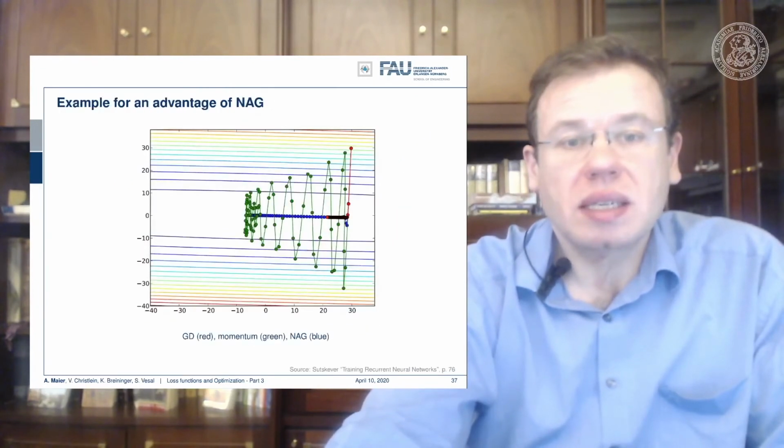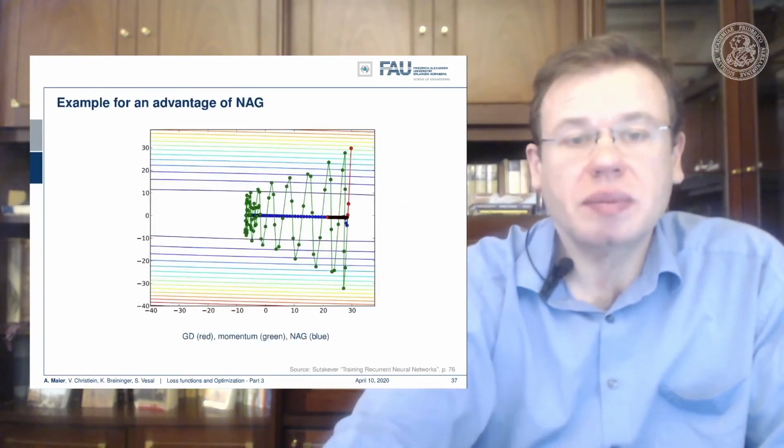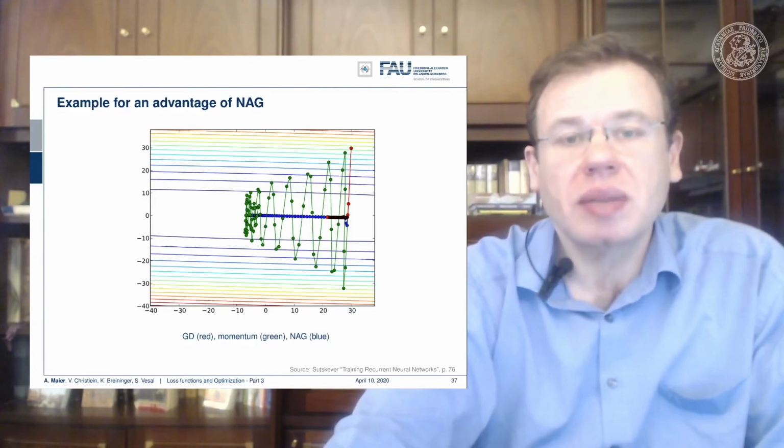Here you see an example of these momentum terms, and this is a situation in which you have a strong disagreement in the variance in both directions. We have a very high variance to left and right, and rather little variance top-bottom, and we are trying to find the global minimum. This typically leads to very strongly alternating gradient directions.